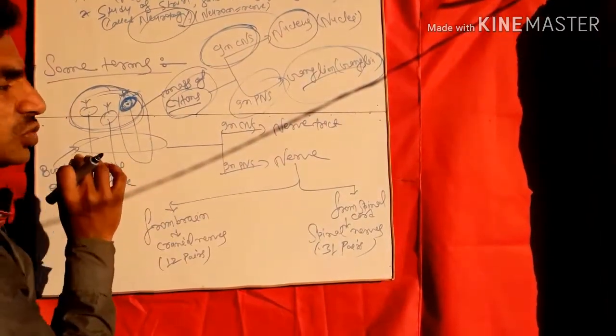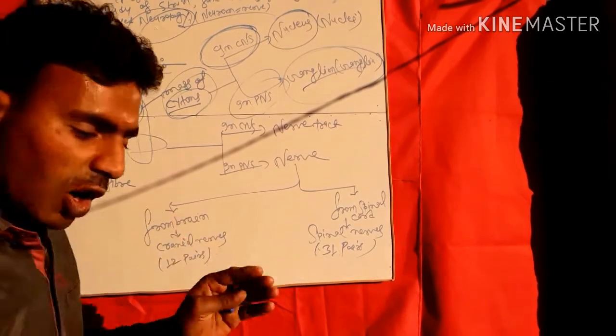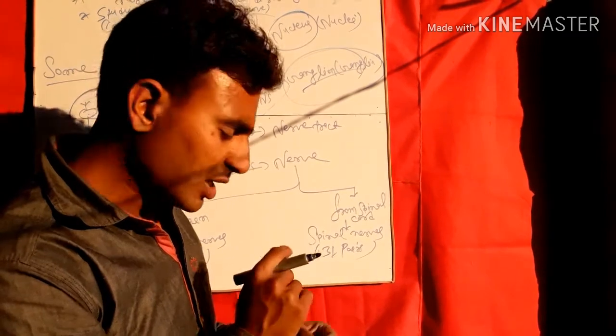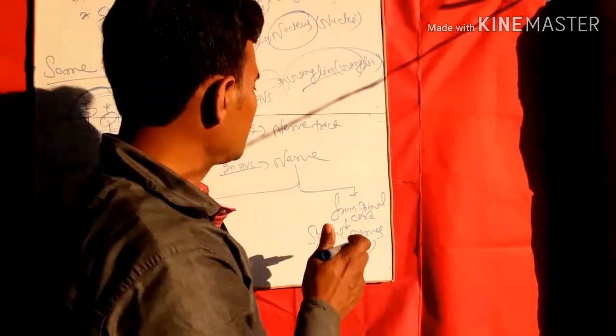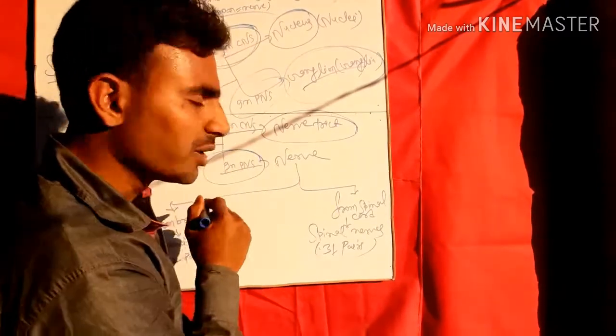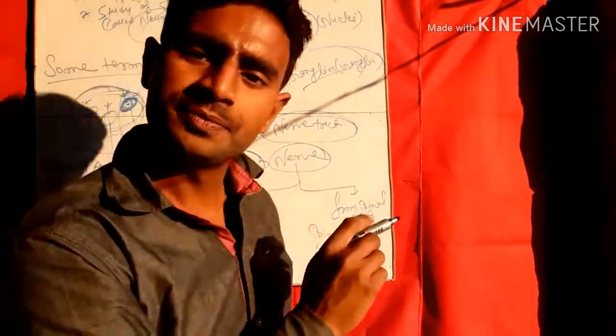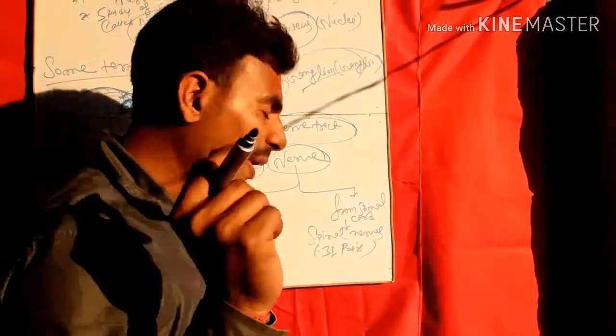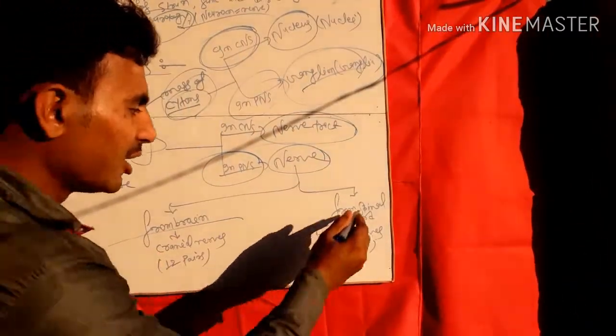Okay, and these are the axons of the central nervous system. In the axon part of the central nervous system, nerve tract is present, and in the peripheral nervous system nerve is present. And nerves arise from the brain and spinal cord.